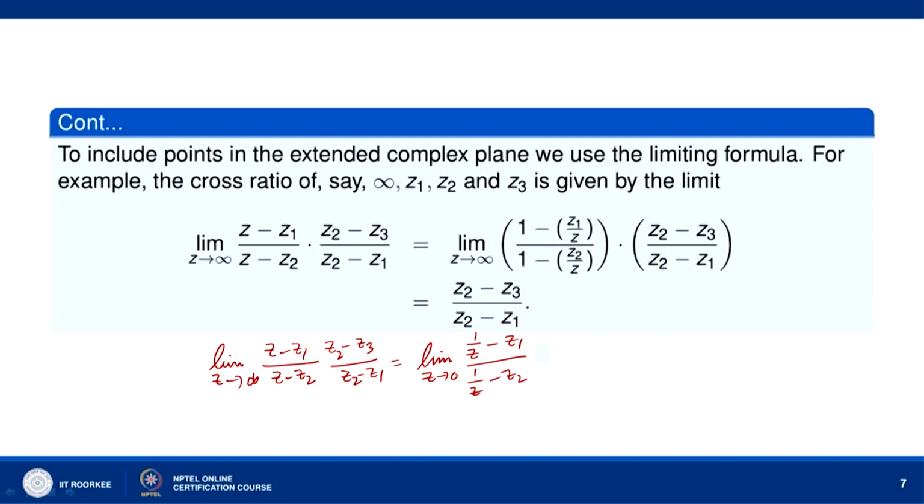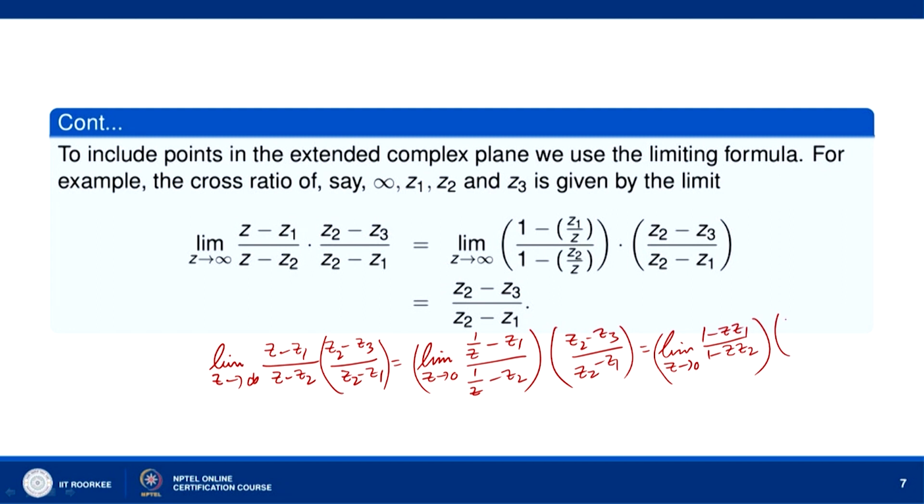So this is independent of Z. We can write this as the limit as Z tends to 0 of 1 minus Z Z1 over 1 minus Z Z2, times Z2 minus Z3 divided by Z2 minus Z1.